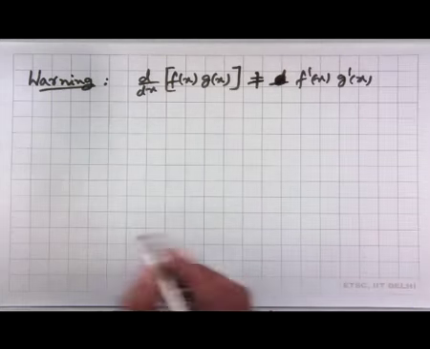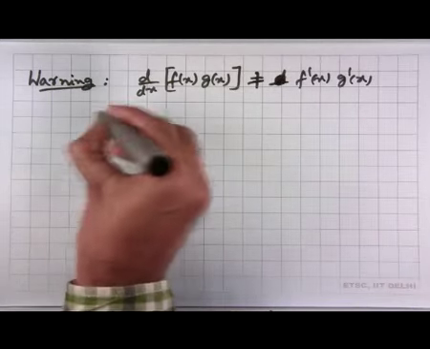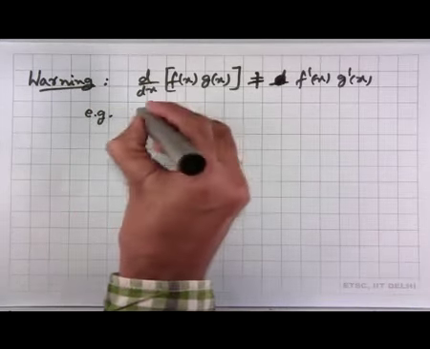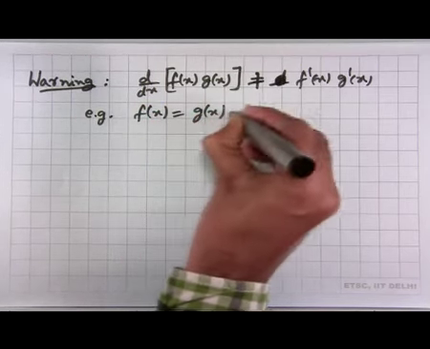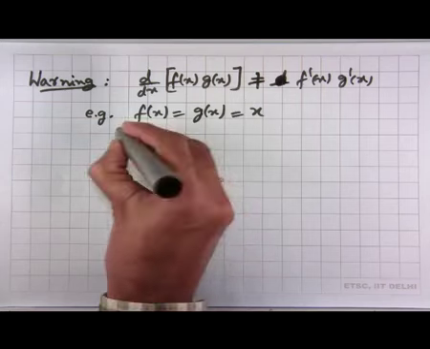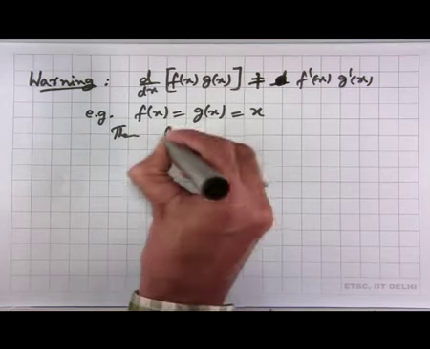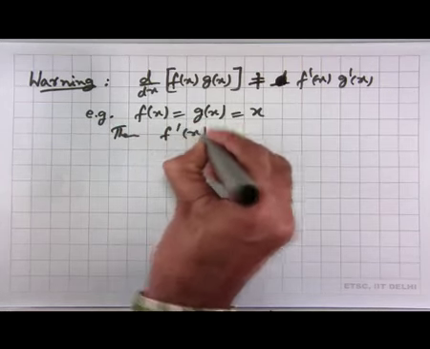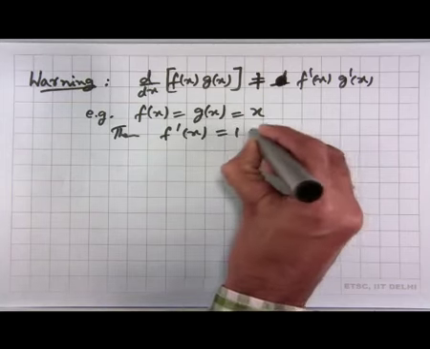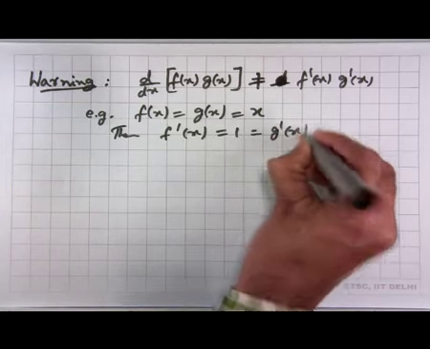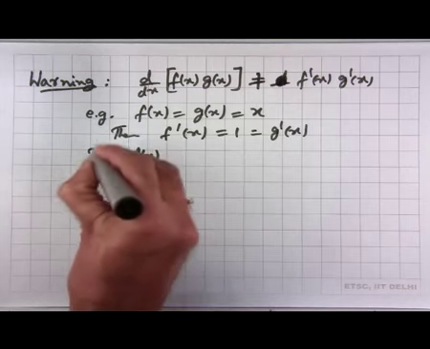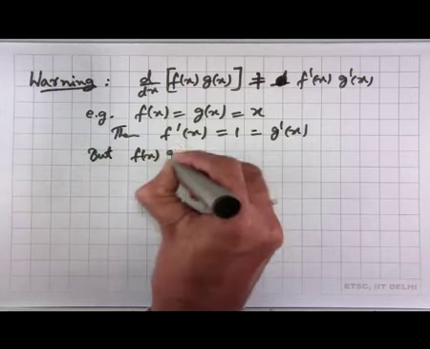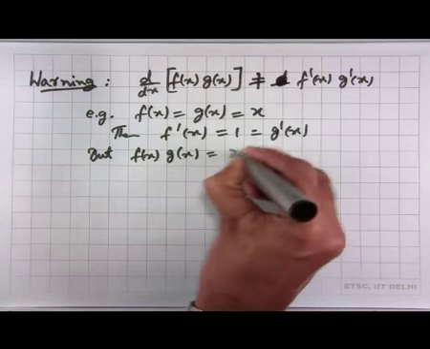This is not true, right. For example, if you take f x equal to g x equal to x, then f prime x is 1, which is equal to g prime x also, but what about f x times g x? f x times g x is equal to x square.